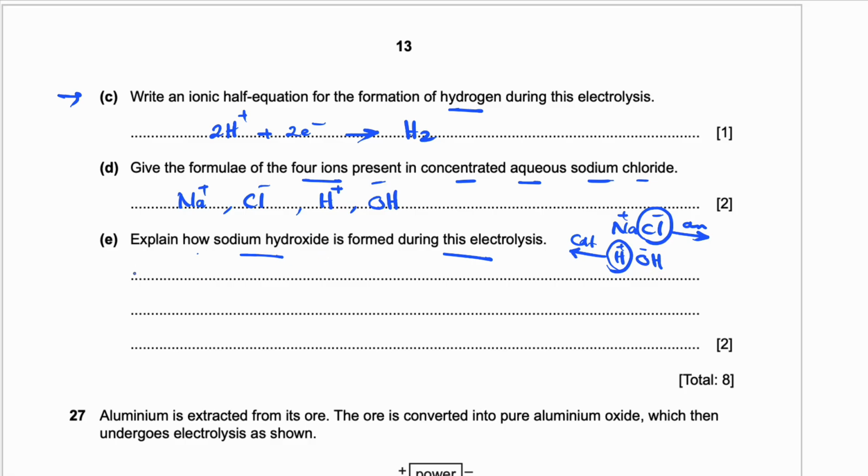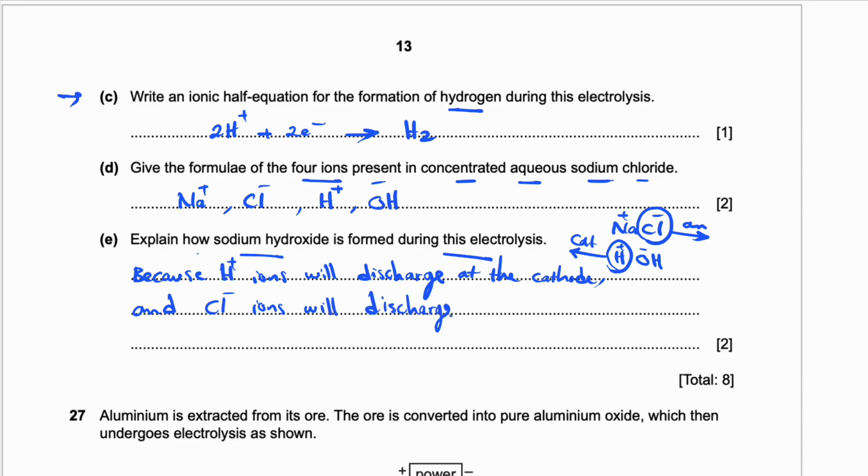So you may say, because hydrogen ions will discharge or get removed at the cathode, chloride ions will discharge or get removed at the anode, while sodium cations and hydroxide ions will remain in the solution and they will form sodium hydroxide.